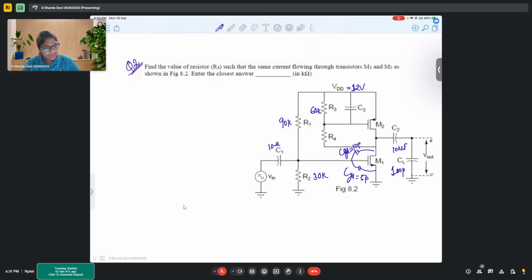This R4, if you observe, is connected to V out, right? So this particular R4 is connected to V out.